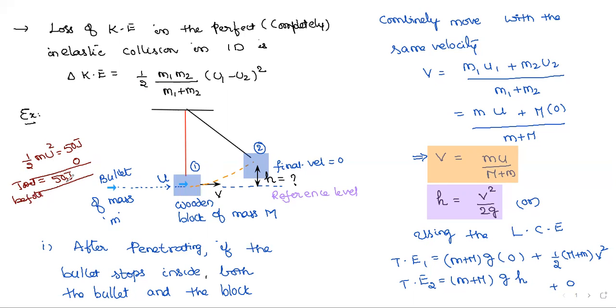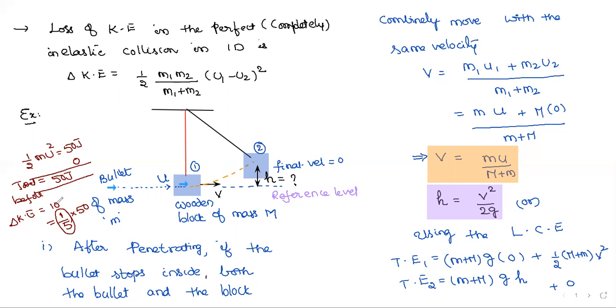By substituting all the values here, suppose delta KE, I got 10 joules. 10 is in the 50, how much is the fraction if they ask? Simple, delta K is nothing but 1/5 of the total energy. So 1/5 is the fraction here.